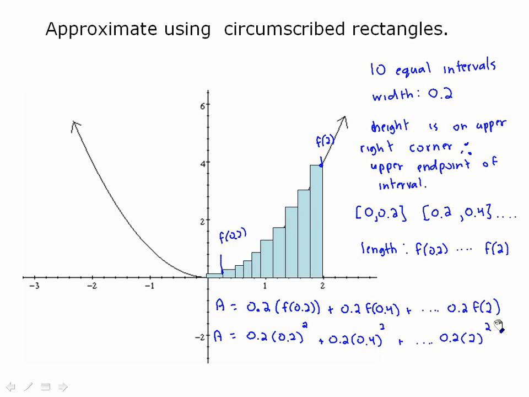And then we do exactly what we did previously. We factor out the 0.2, and then we turn it into a sigma notation. Now the sigma notation is going to be very similar to what we had before.